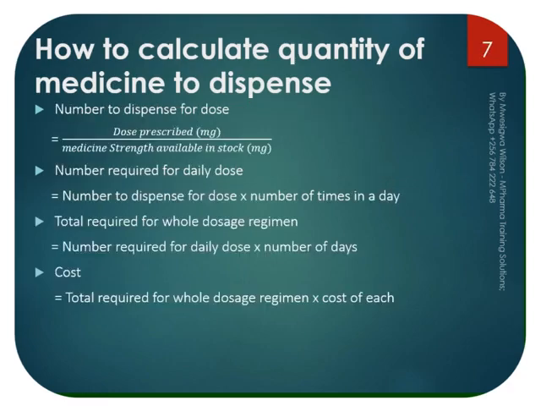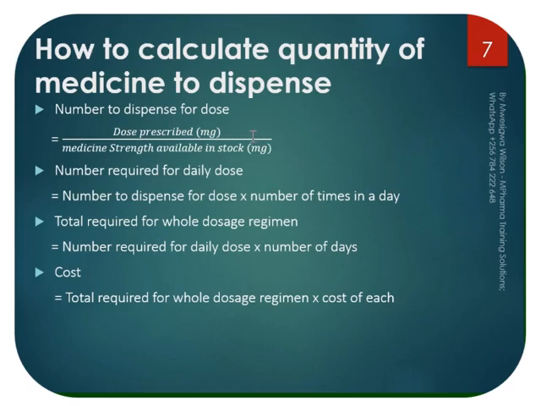So which are those? Calculation: the number of tablets or capsules to dispense per dose. You just need to divide the prescribed dose in milligrams by the medicine strength available, what you have in stock.